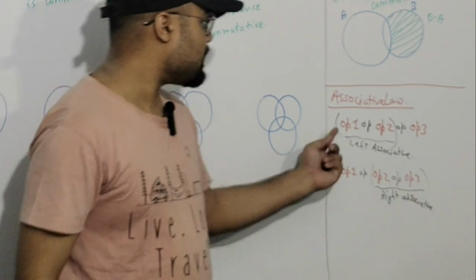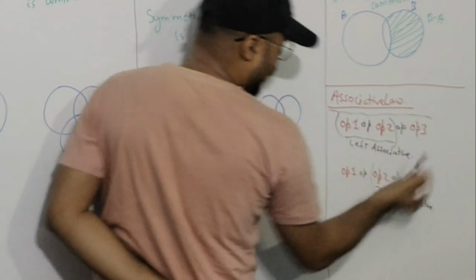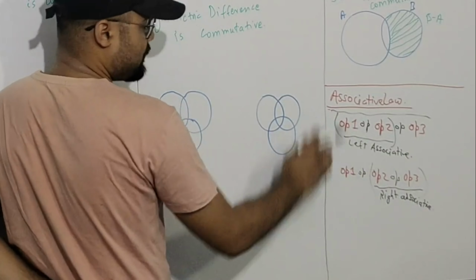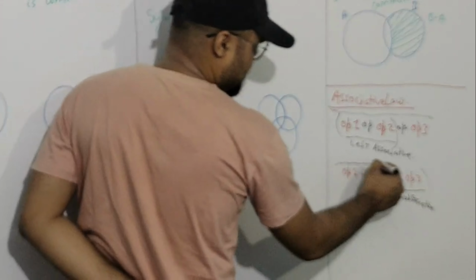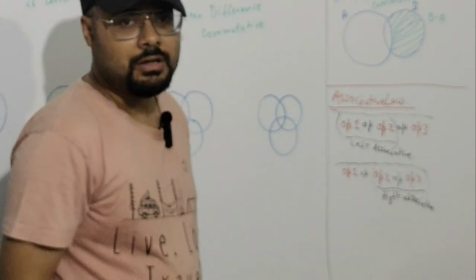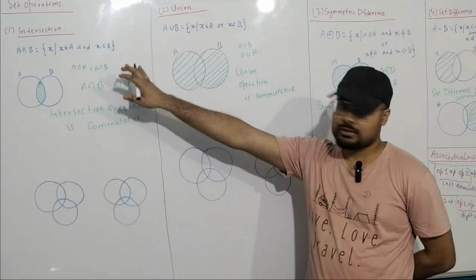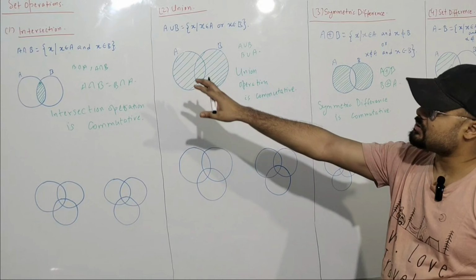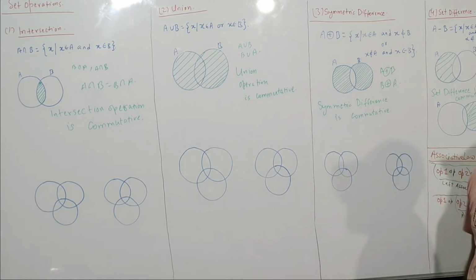Means if the set that you get by a series of op operations in the left associative way, or in the right associative way, are equal, then this op operation is said to hold associative law. Intersection holds associative law, union holds associative law, symmetric difference holds associative law, but set difference does not hold associative law.